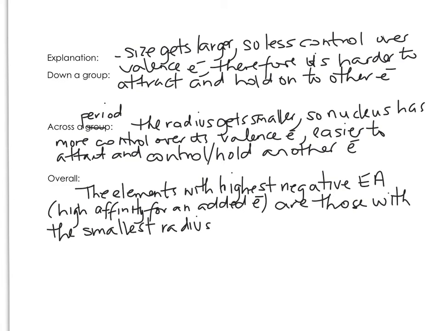So those elements with the highest affinity for an added electron are those with the smallest radius, the highest ionization energy, right? It's hard to remove an electron from them as well. Therefore, they're found in the upper right-hand corner of the periodic table.